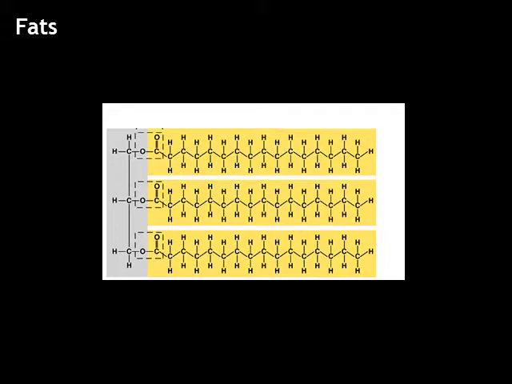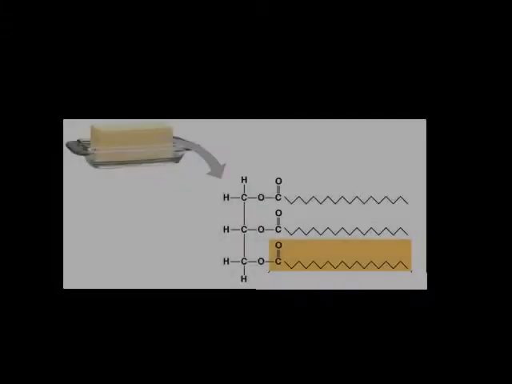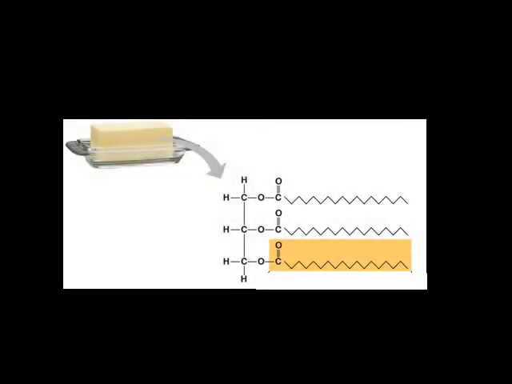The properties of fats vary based on the nature of their fatty acids. If all the fatty acids are saturated, that means there's no double bond between the carbon atoms in the fatty acid chains, then the fat is said to be saturated, and it will be solid at room temperature. Think about butter or animal fat, for example.